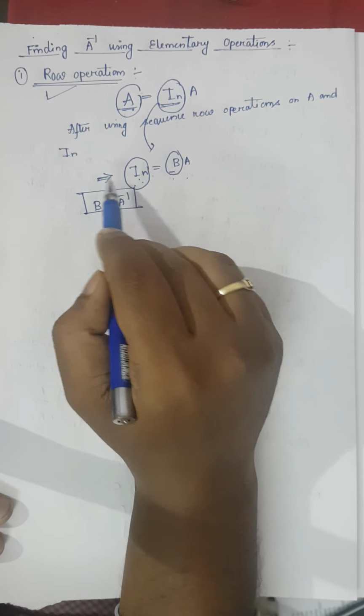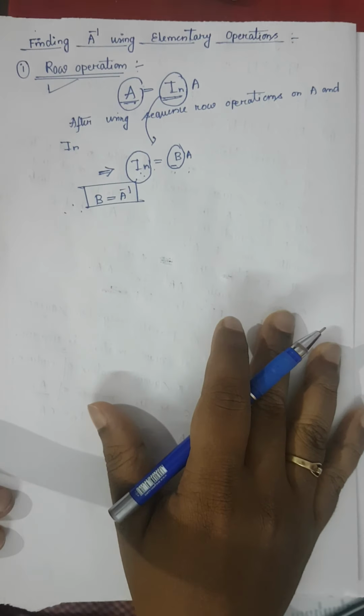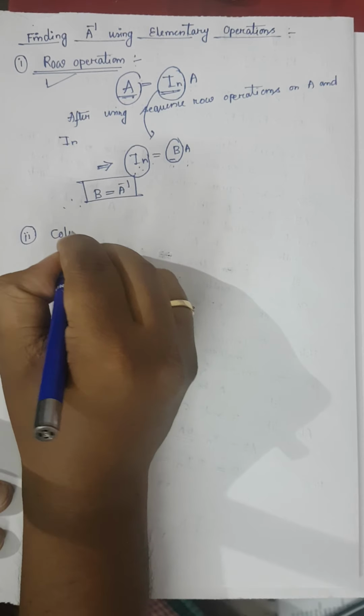So B is the inverse of A. So you can write B is equal to A inverse. Now second process is column operation.